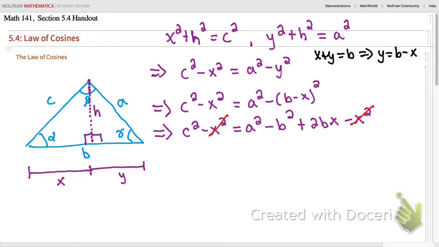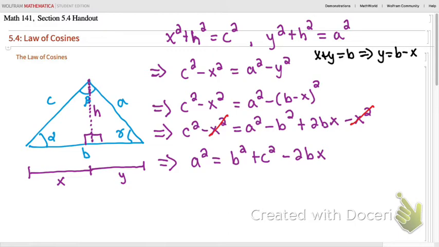I am now going to solve the equation for a squared. So I'm going to eliminate minus b squared and plus 2bx from the right by moving them to the left side. I'm going to add b squared to both sides, and subtract 2bx from both sides. What we get is a squared equals b squared plus c squared minus 2bx. There is one final step.